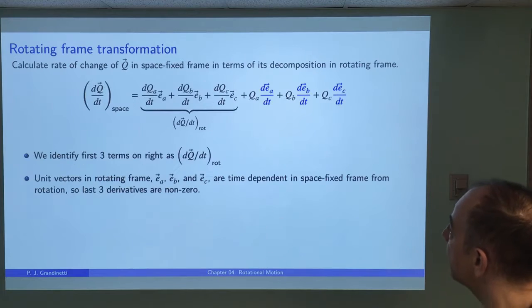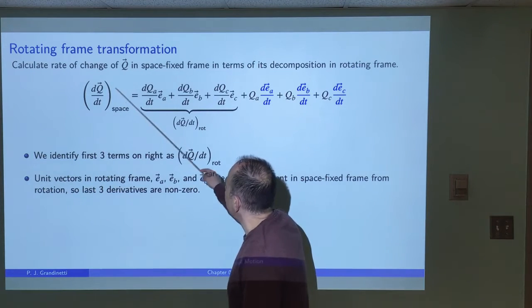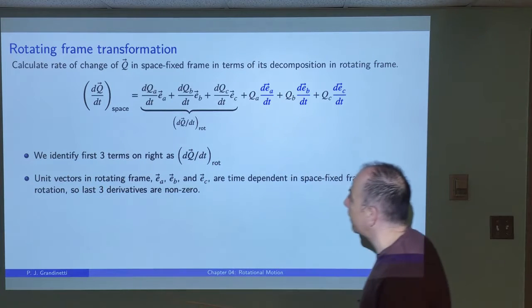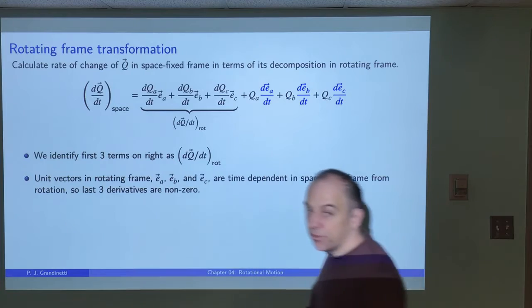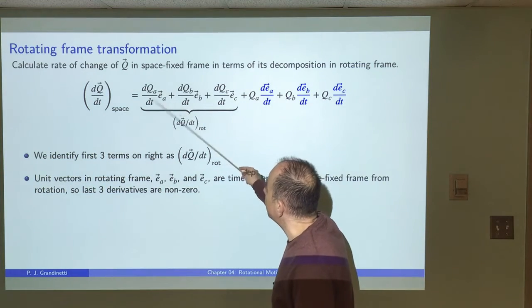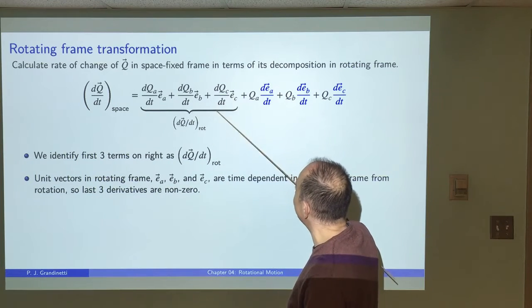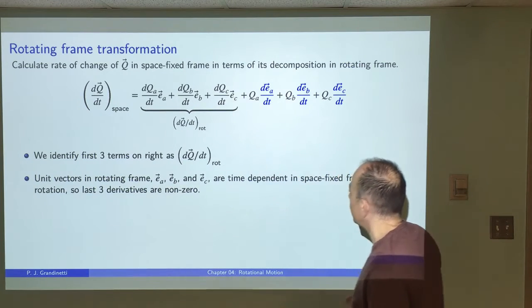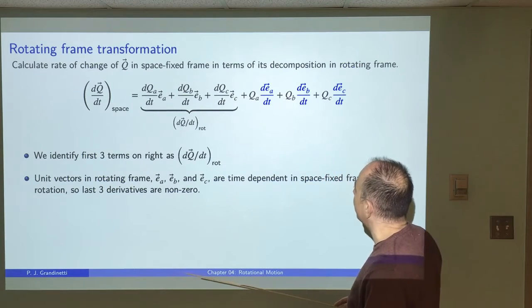So let's go back to the vector written entirely in terms of the body-fixed frame, but let's take the derivative with respect to the space-fixed frame. That means we're still going to do dq_a/dt times e_a, dq_b/dt times e_b, and dq_c/dt times e_c, which we recognize as just the derivative that we took in the rotating frame.